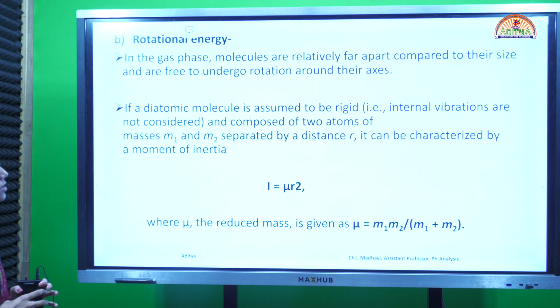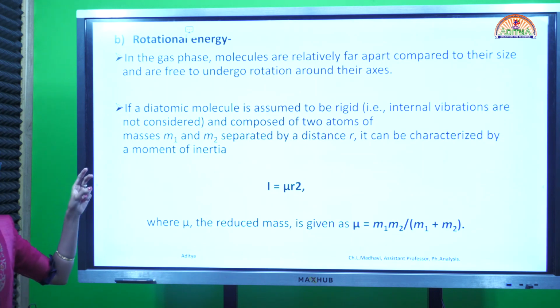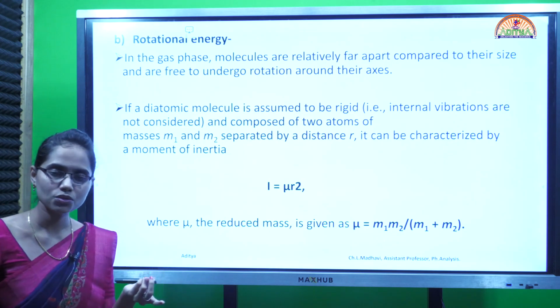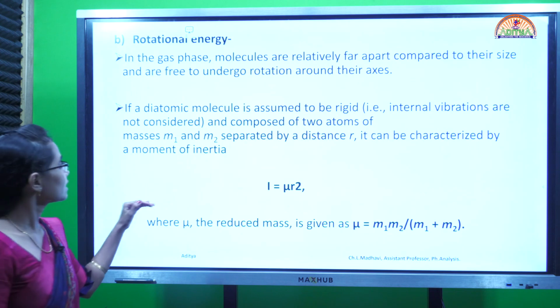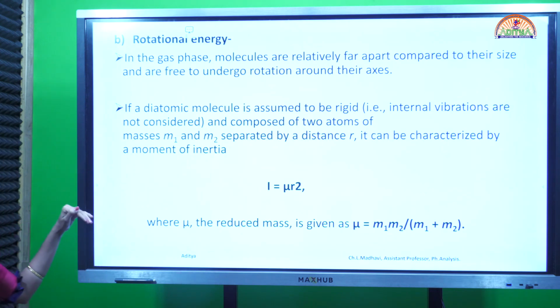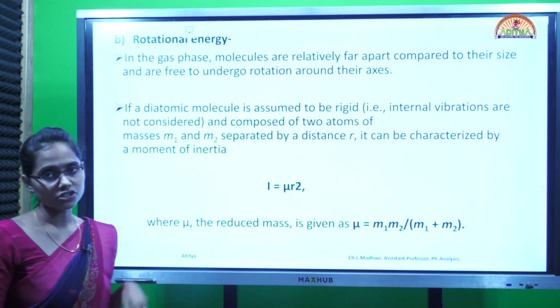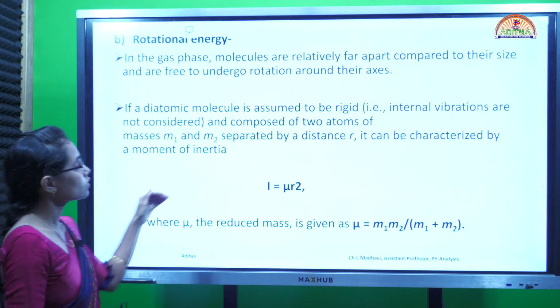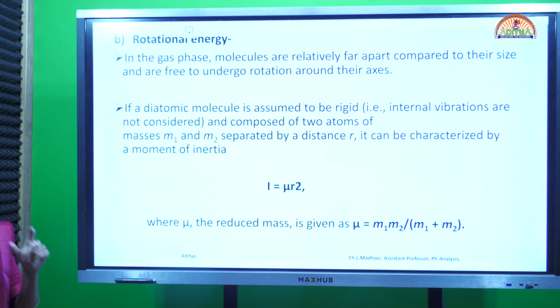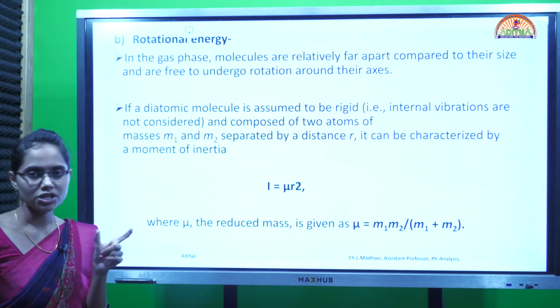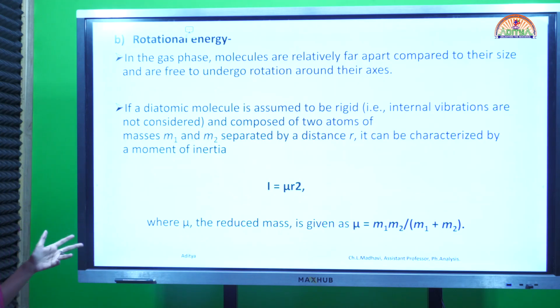If we compare two situations, one is a rigid molecule and the other is a non-rigid molecule. Let us take the example of a diatomic molecule which is assumed to be rigid. When a molecule is rigid, internal vibrations are not considered, so the internal vibrations are zero.